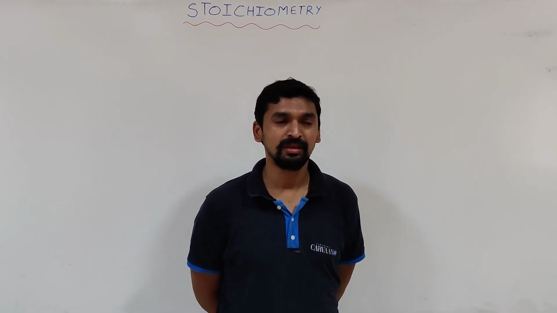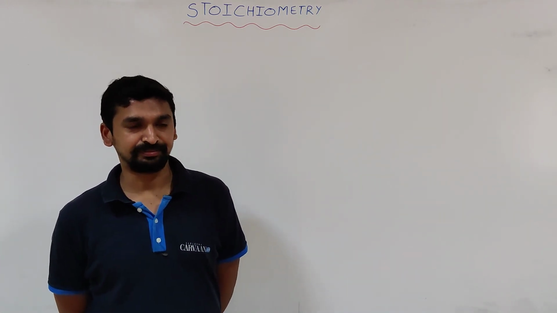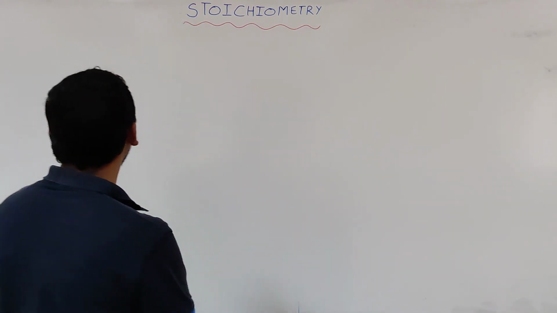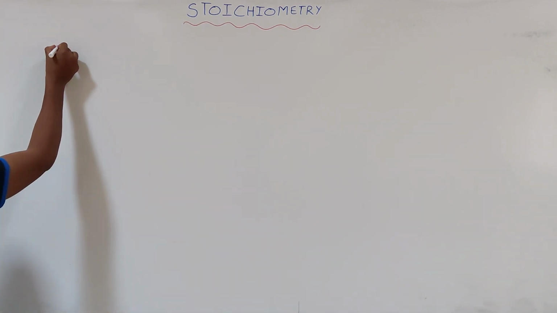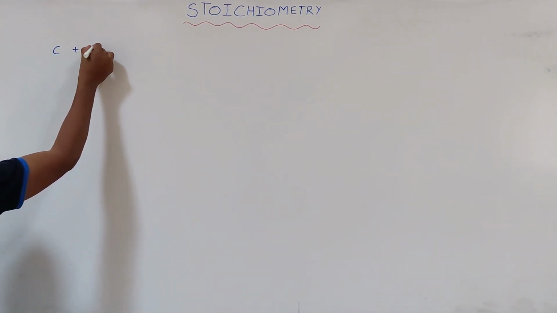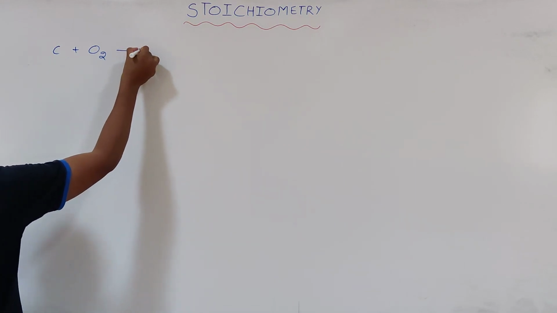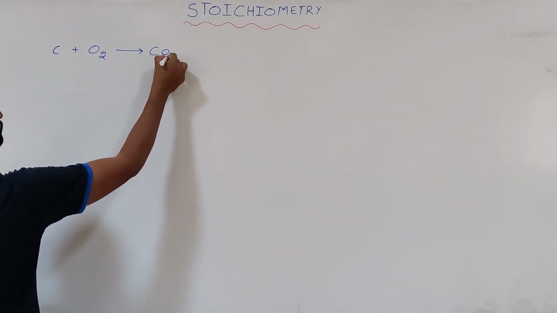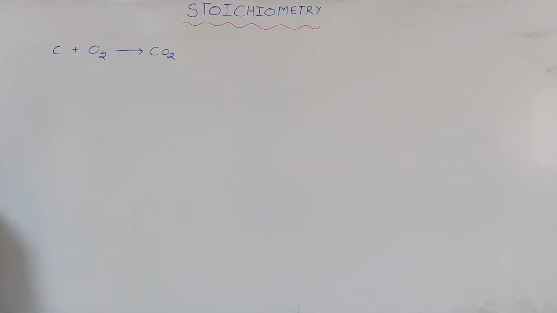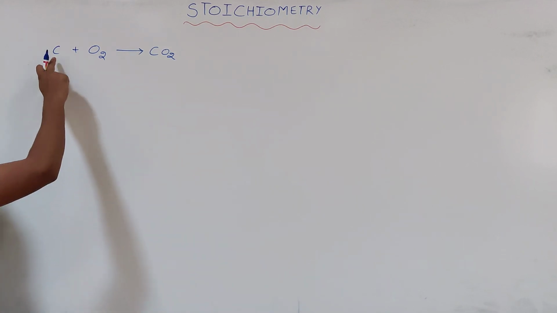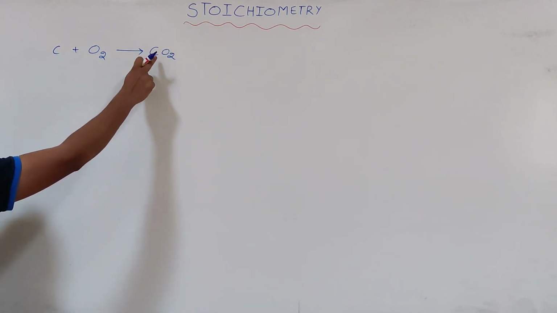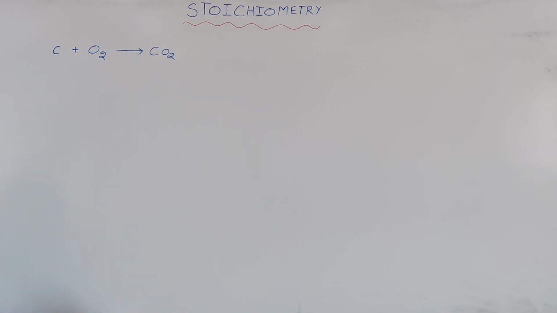That means when we write a reaction, for example, C plus O2 gives rise to CO2. So here, how do you read this? Carbon reacts with oxygen to form carbon dioxide.